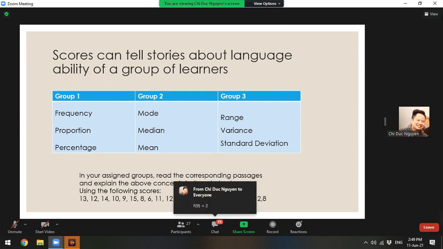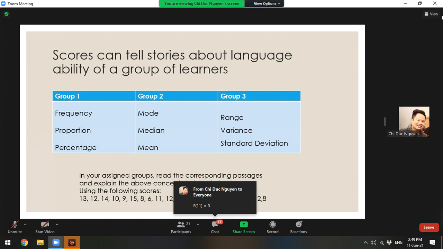The frequency of 10 is 2 as well, I guess. The frequency of 11, we have 3. The frequency of 12.